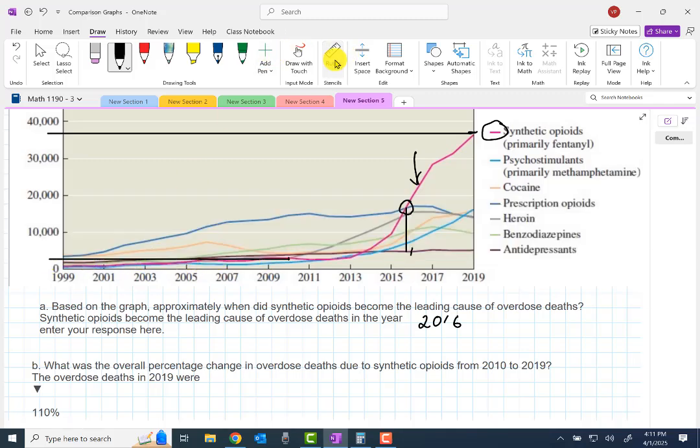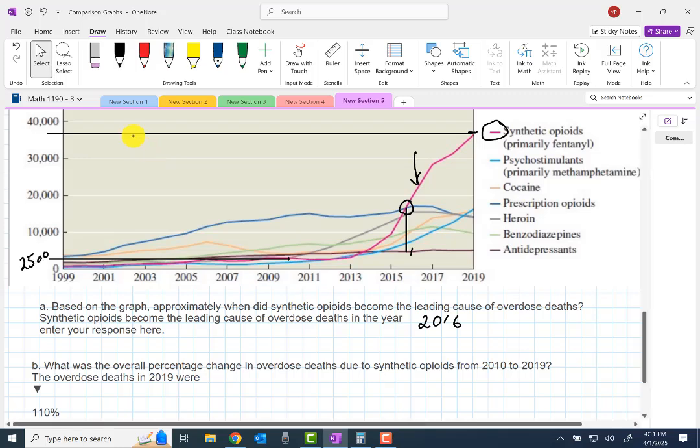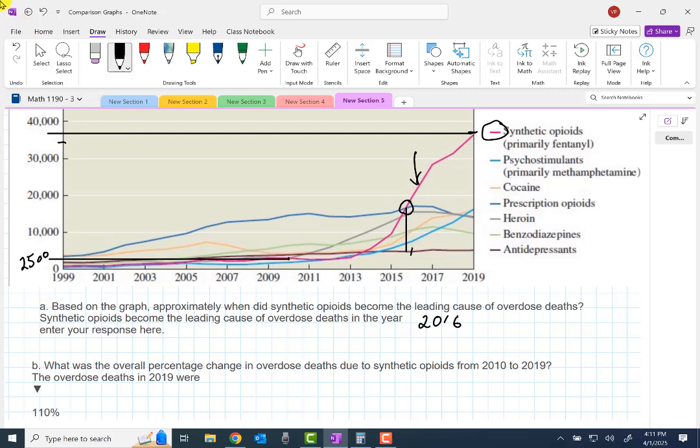Let me get rid of the ruler. Like I said, this is all estimating. My estimate down here is 2,500. What you might need to do is expand the graph. I'm not exactly sure. So with that said, here's 3,500, here's 5,000. That's why it kind of looked like it was halfway between 0 and 5,000.